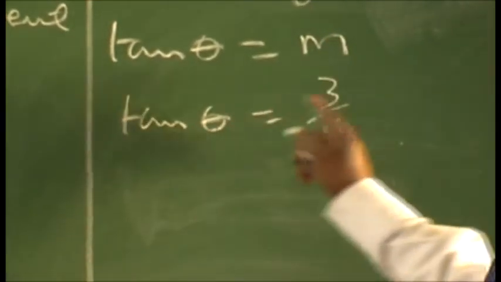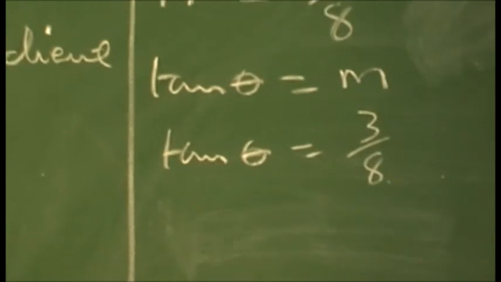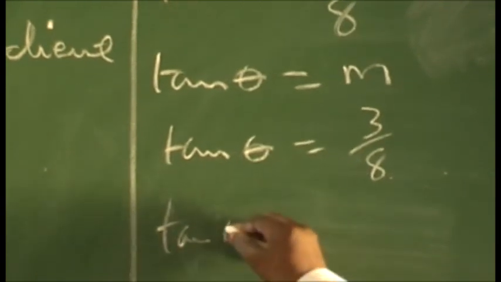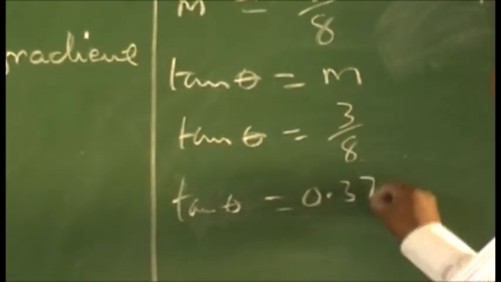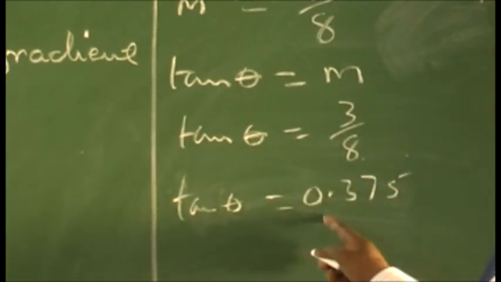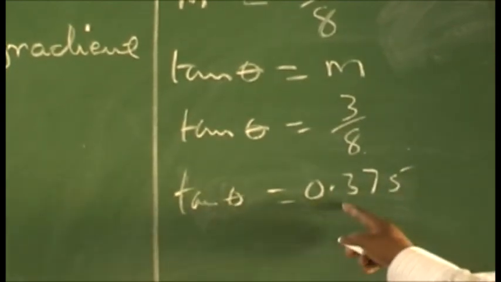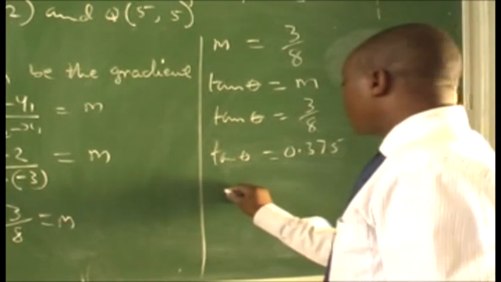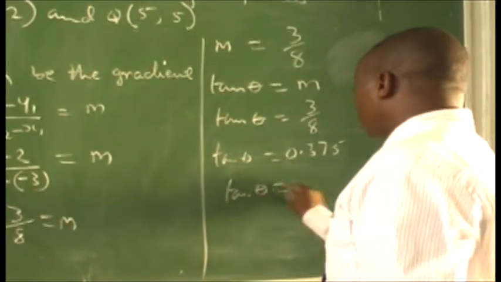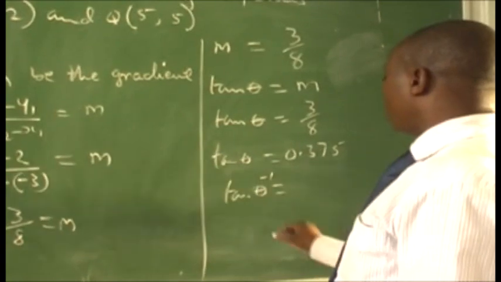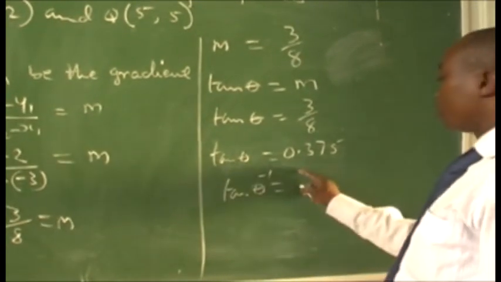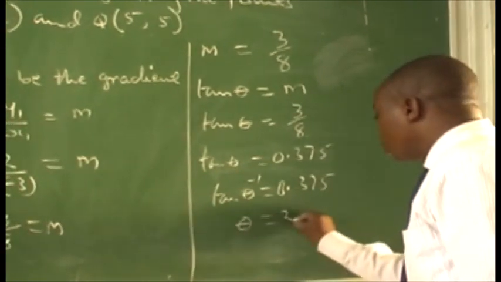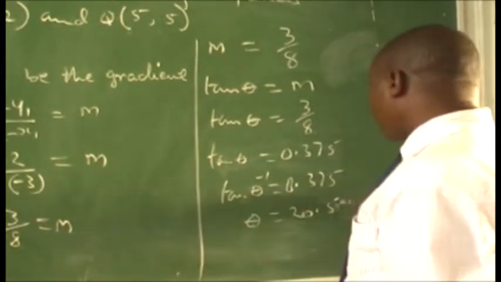So now 3 divided by 8 gives us tan theta equal to 0.375. Now if we take the inverse of this, press shift and press tan to get the inverse, you will have that theta, the inverse tan of this, will give us theta equal to 20.5 degrees.